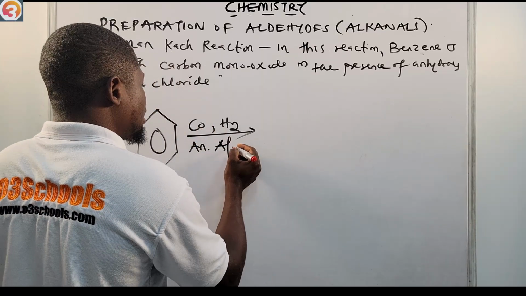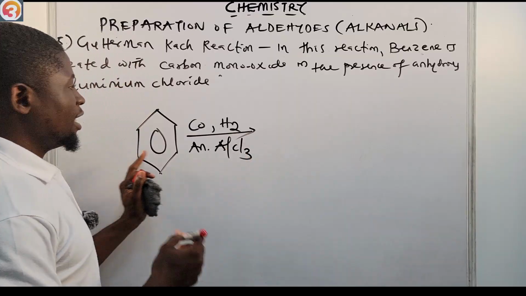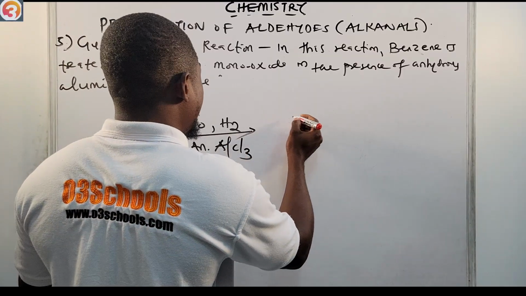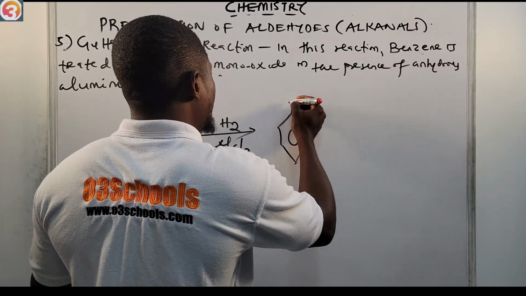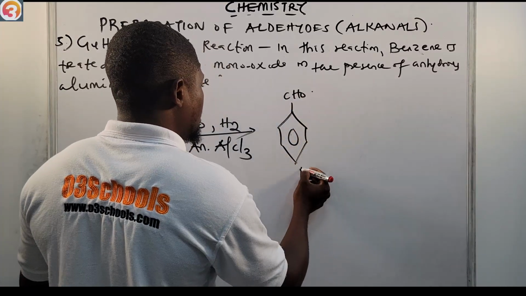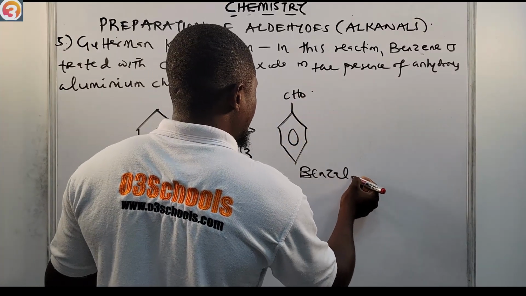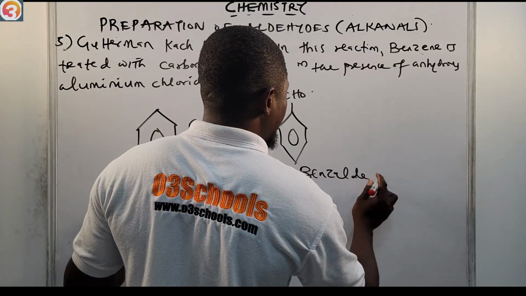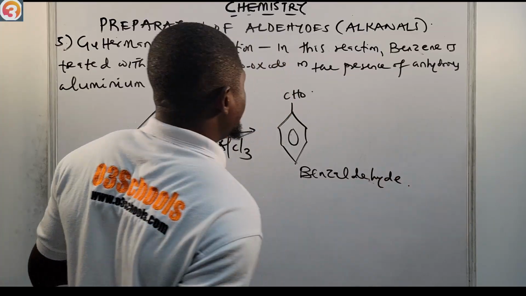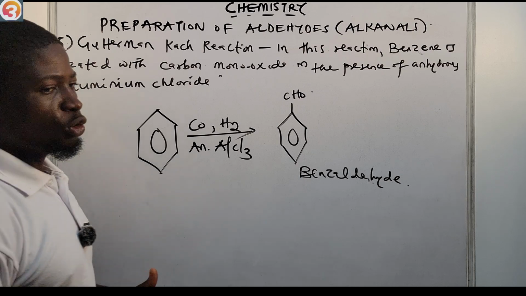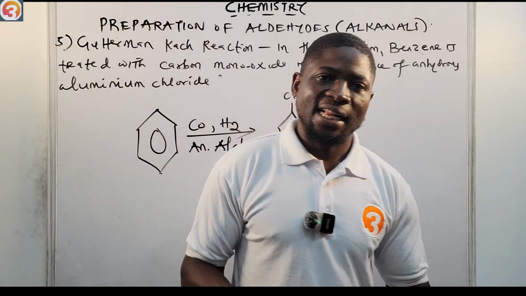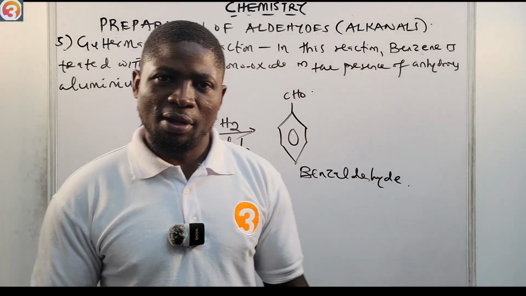And anhydrous aluminum chloride, to give us an aldehyde, CHO. This one is also called benzaldehyde. So please take note of all that. These are the methods we can use to prepare alkanals. Please make sure you wrap your head around them.